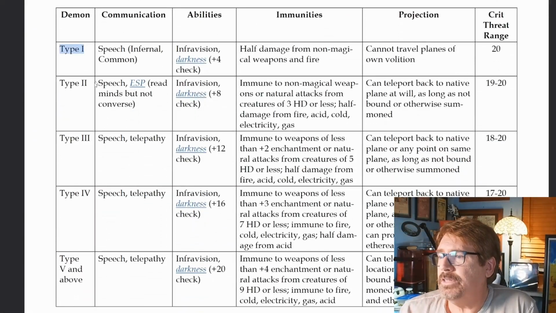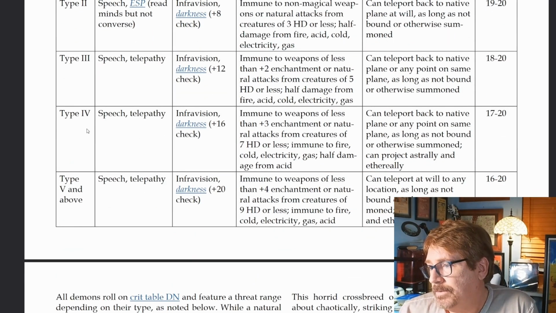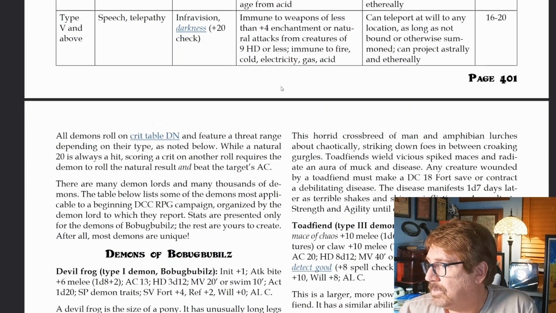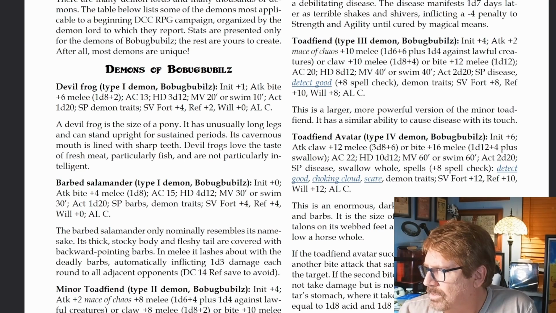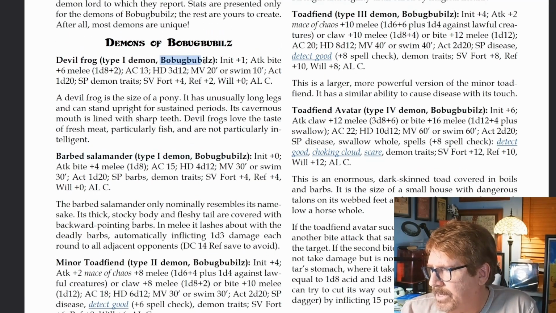Type 1. So they use the types like old D&D, first edition monster manual. They didn't name them, obviously, but there's the types. Cool. Then they got named demons here. Oh, I guess they named them here. So they did name them, just not in that chart. It looks like they gave them their own names.